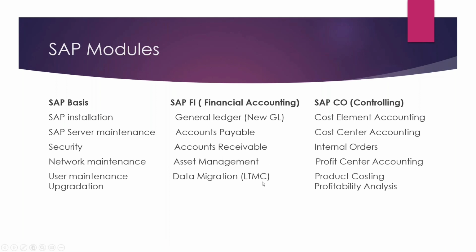And these are the FICO submodules. In huge organizations, sometimes you may get to work only on accounts payable or accounts receivable, only general ledger, only cost accounting.